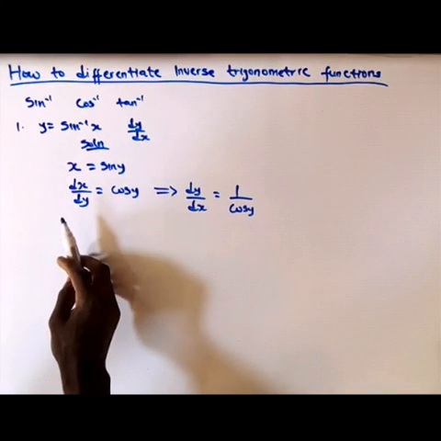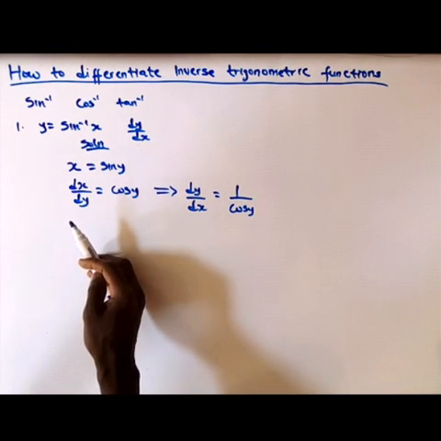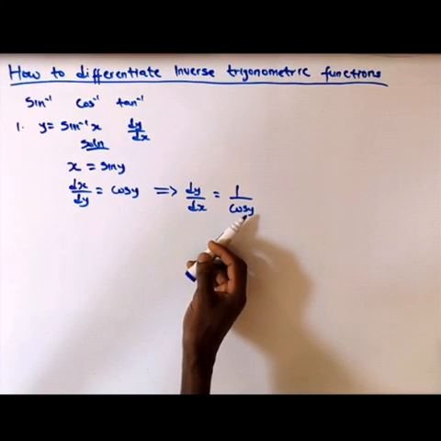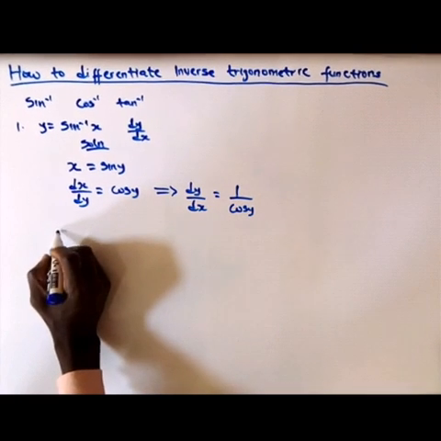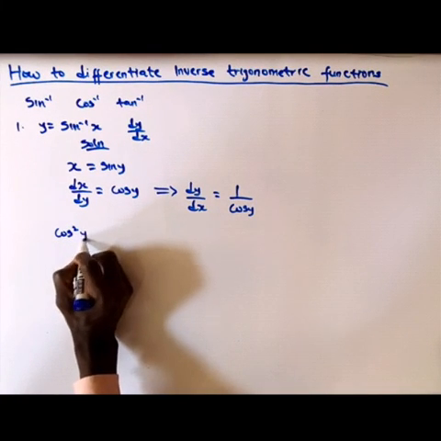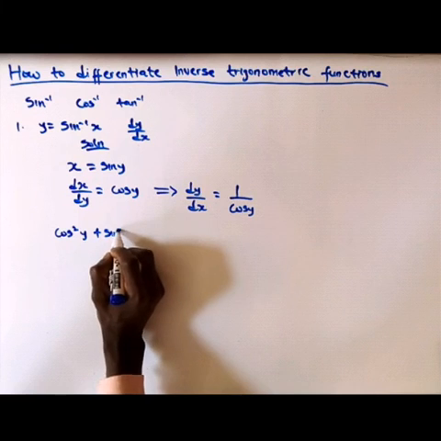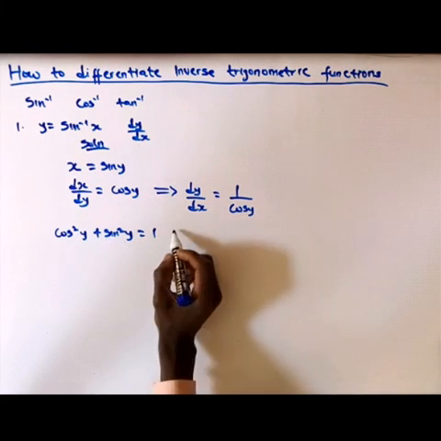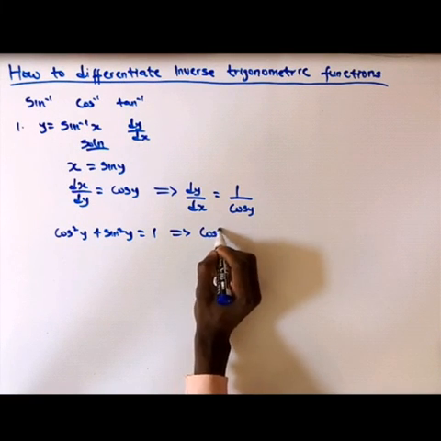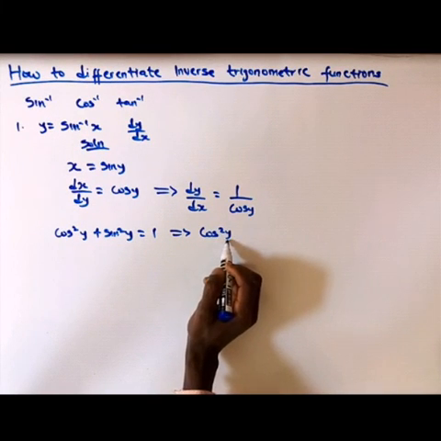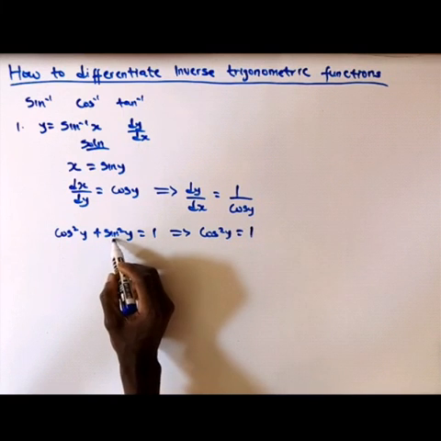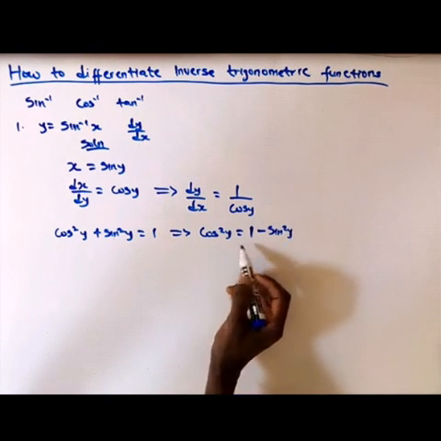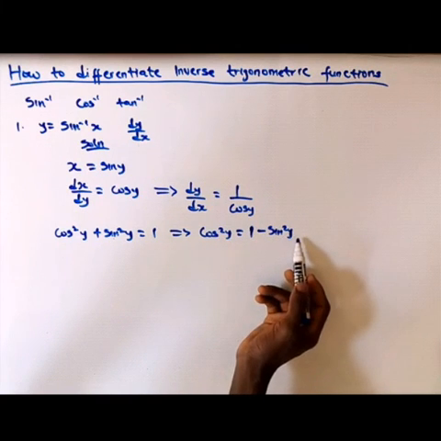Now, the next step is, from our knowledge of trigonometry, we are going to express cos y in terms of s. Now, we know from trig identities that cos square y plus sine square y is equal to 1. If this is true, this implies that, making cos square y the subject of the formula, cos square y is equal to 1 minus sine square y.